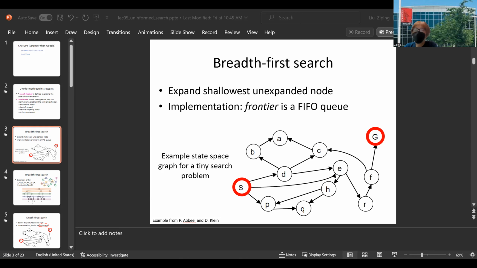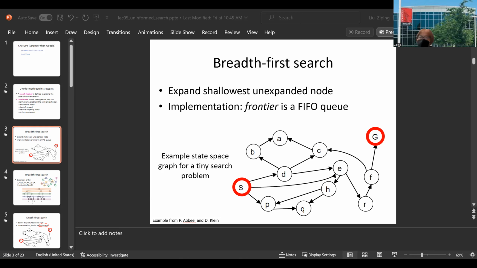The next topic: we discussed the search strategies, so how do we analyze and evaluate a search strategy? Generally speaking, we consider four aspects.